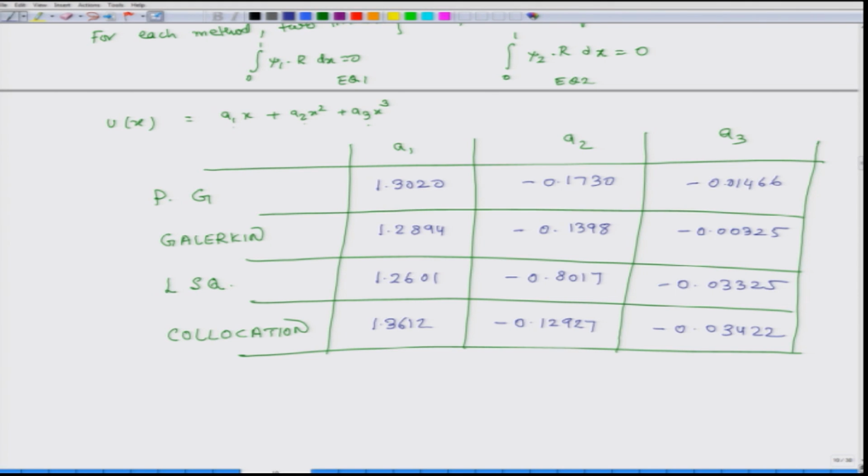And what you see is that the first term parameters are pretty close to each other, and if you keep on increasing the number of terms in the solution, all these solutions will slowly converge to the same value.